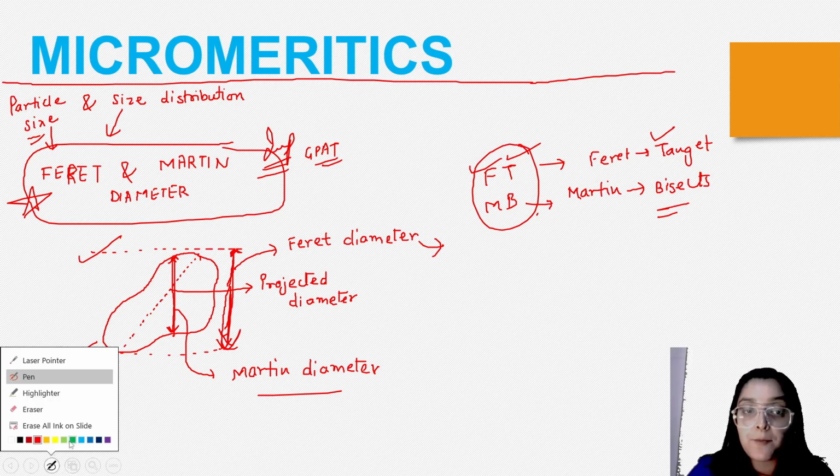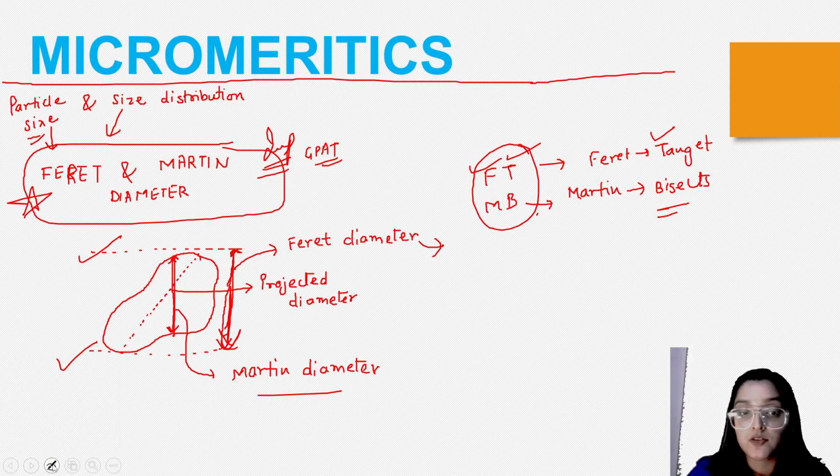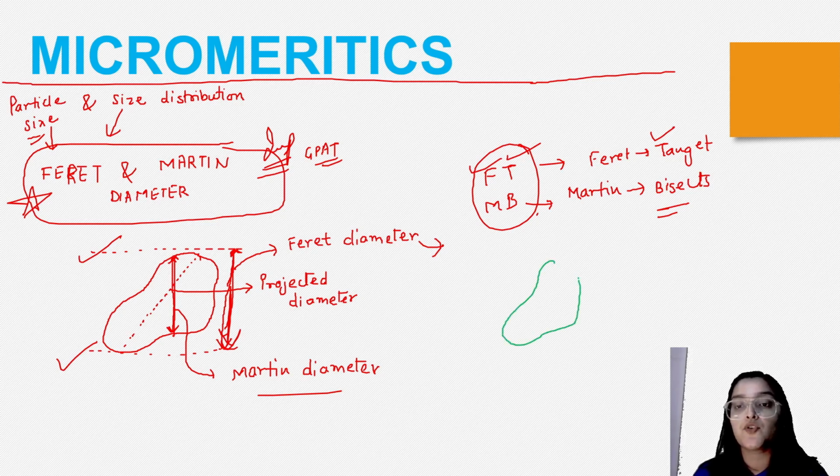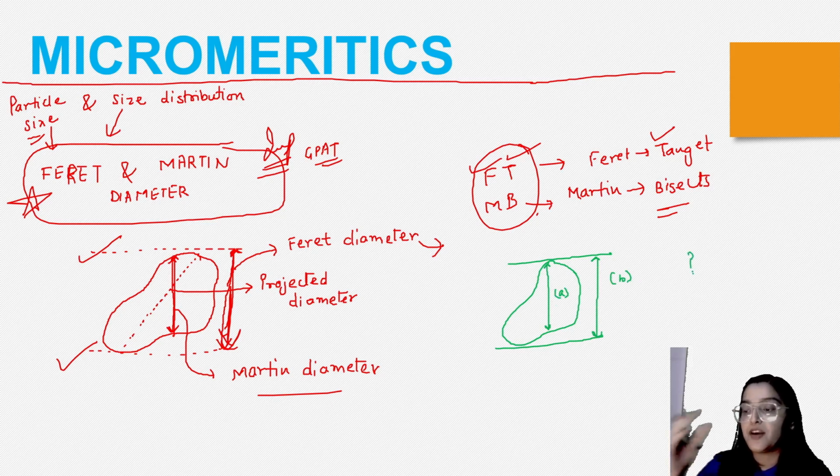Please, from the exam point of view, you cannot leave this topic. This is a really, really important topic. You can be given this particle that will be drawn and you might have to label where the Feret diameter is and where the Martin diameter is. This will be labeled as A, this will be labeled as B. So you have to mention which combination is correct, right?